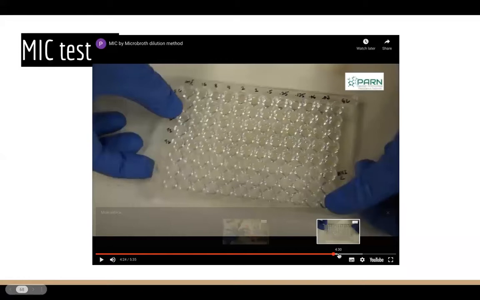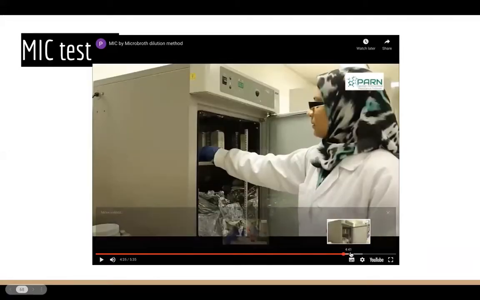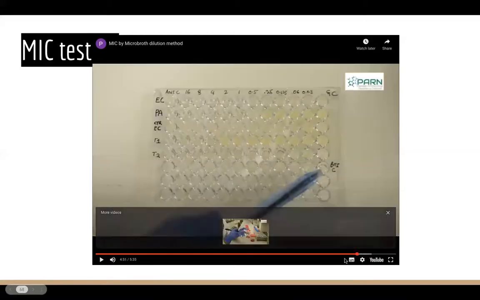So yeah, when you put it in the incubator overnight at 37, you can then take it out the next day and read the results. And you can see here that when you reduce the E. coli, Pseudomonas aeruginosa, it's a strain of E. coli as well. If you reduce the concentration of the antibiotic, which is here, this is the antibiotic concentration at the maximum and reducing.